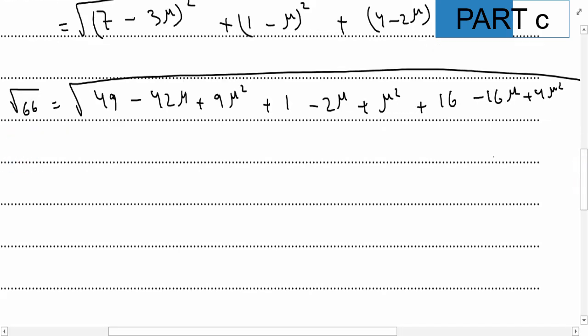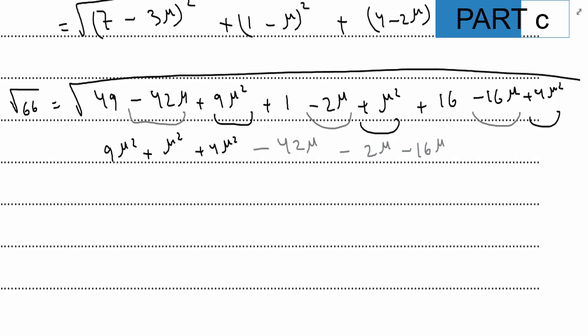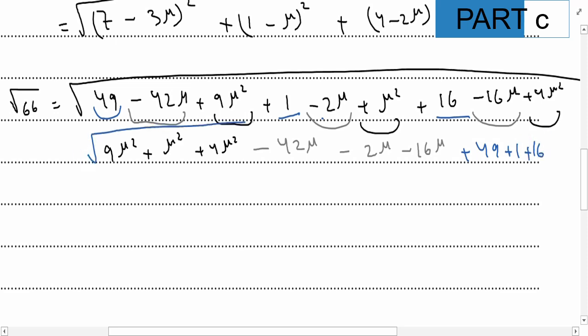So if we simplify it, it would become 9 mu squared plus mu squared plus 4 mu squared, minus 42 mu minus 2 mu minus 16 mu, plus 49, 1 and 16, equals the square root of 66.